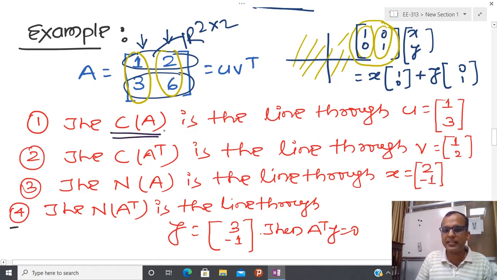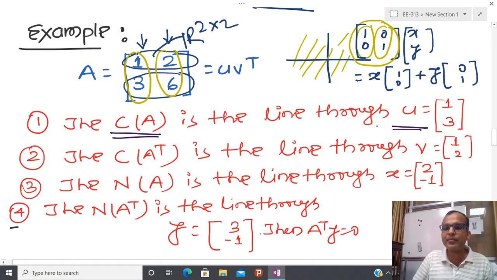Now try to see what is the meaning of column space. So column space C(A): using the columns I have to move in the space, but luckily in this particular matrix, 1 3 and 2 6 are actually multiples of each other.